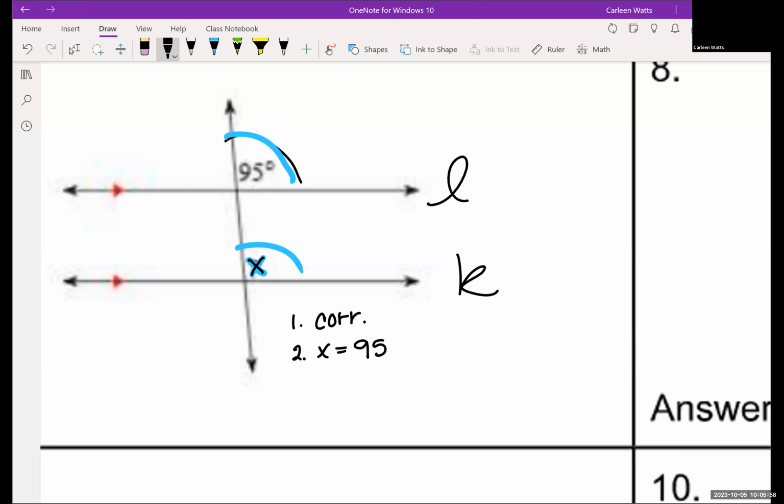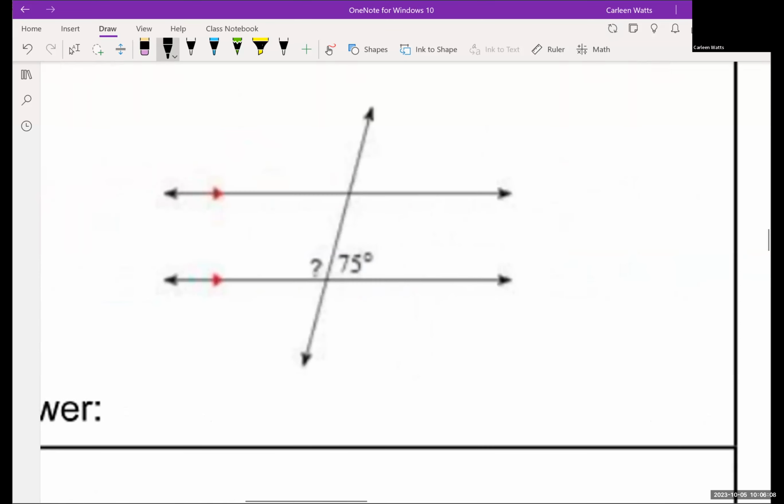Okay, so this may feel like a whole bunch of vocabulary. Geometry does have more vocabulary, but it's going to get better. We're going to see these over and over again. Okay, number 8. I need vocabulary, and we're going to solve for X. So what vocabulary is it?